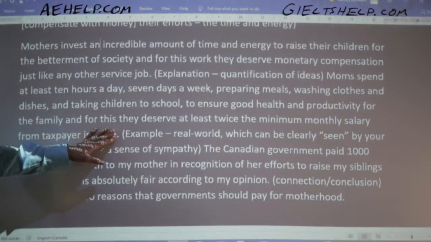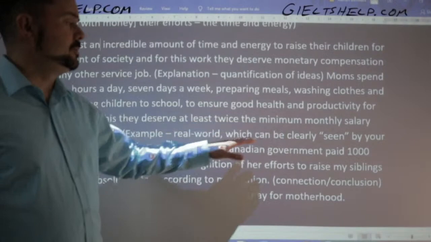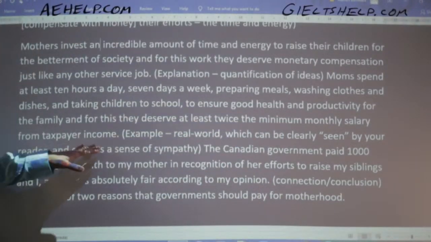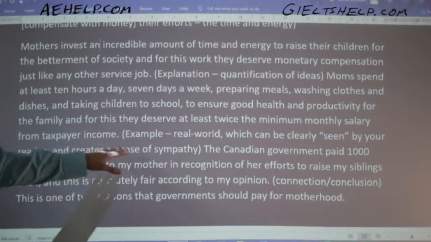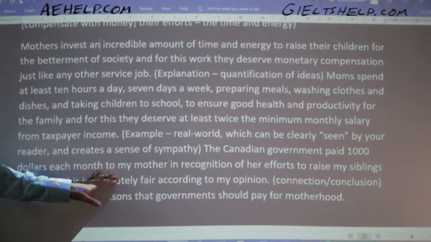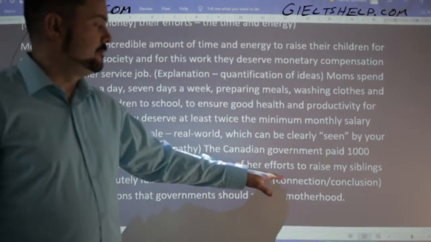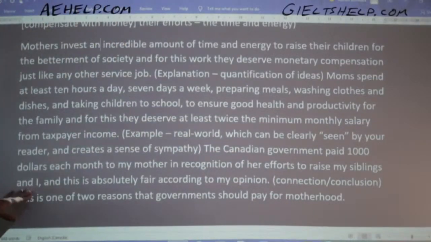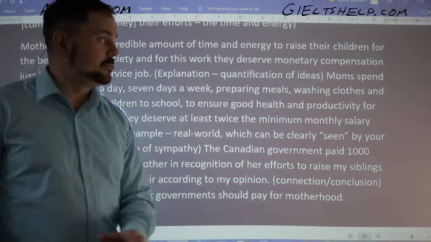And for this, they deserve at least twice the minimum monthly salary from taxpayer income. Okay? The Canadian government paid $1,000 each month to my mother in recognition of her efforts to raise my siblings and me, and this is absolutely fair according to my opinion. This is one of 2 reasons that governments should pay for motherhood.